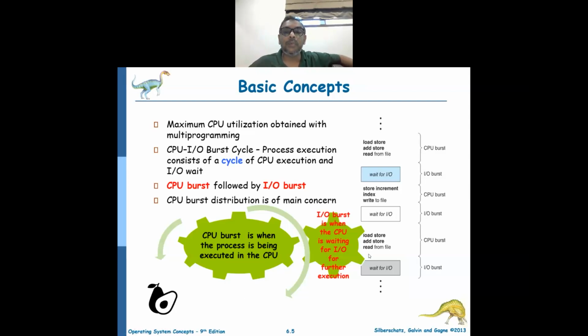However, an I/O burst is when the process is waiting for an input or output for further execution. What does that mean? It means the process cannot continue, or cannot even start, until an input or output is available for it to be utilized.